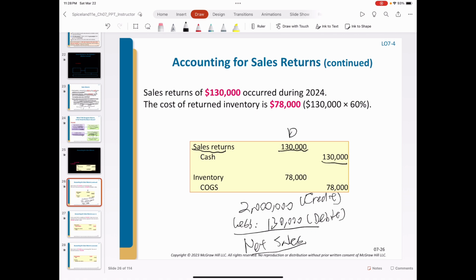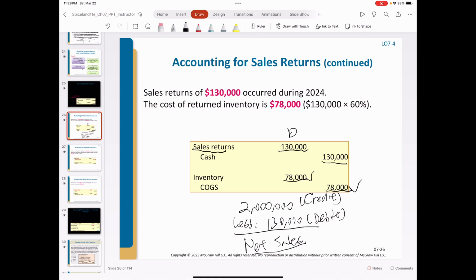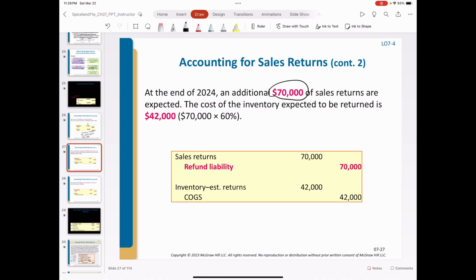When the sales are returned, the company will receive inventory back, and we will reverse the cost by recording the returned goods and writing down the cost of goods sold with a credit to cost of sales. This $70,000 was just expected based on the industry experience. Even though this expected return has not happened, for financial accounting, we should also account for it, just like what I mentioned in previous slides, to avoid overstating sales.